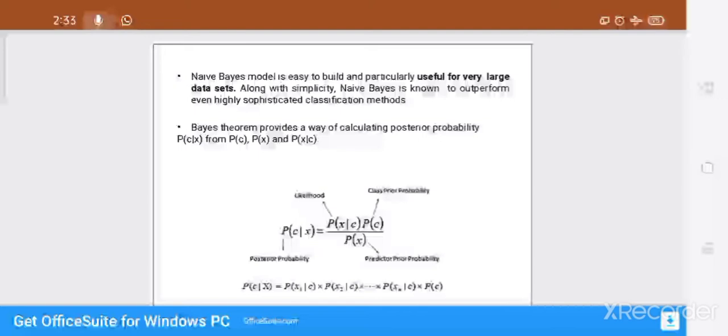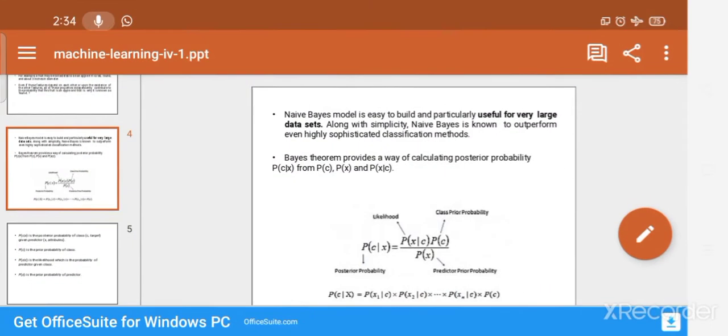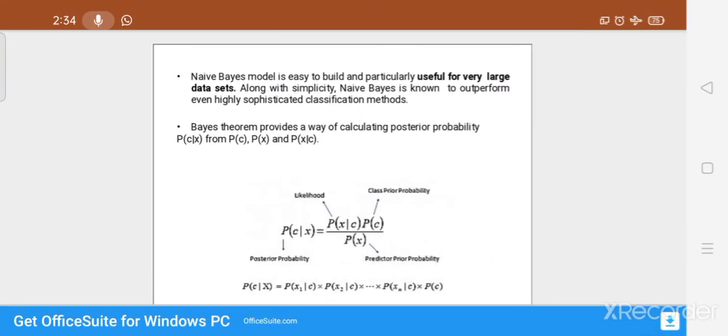Bayes theorem provides a way of calculating posterior probability. Now we said that Naive Bayes uses the Bayes theorem. So what is that Bayes theorem? To calculate the posterior probability we use the Bayes theorem. So probability of C given X is equal to probability of X given C times probability of C, divided by probability of X. How do we read this? P of C means the class prior probability.